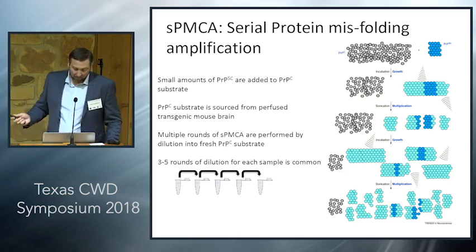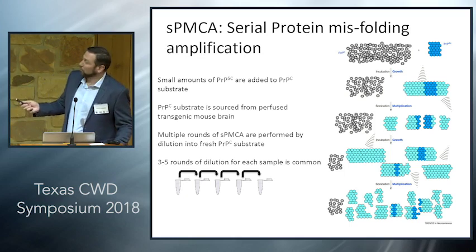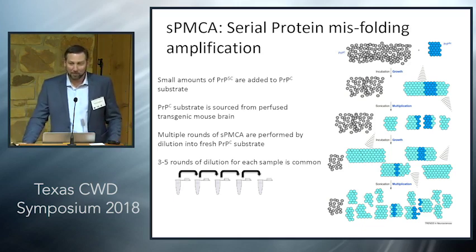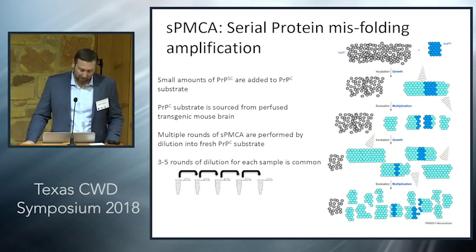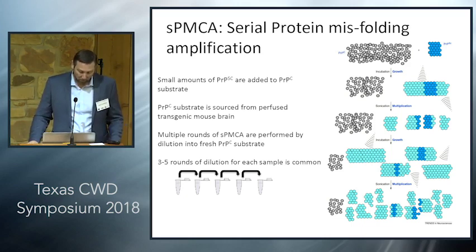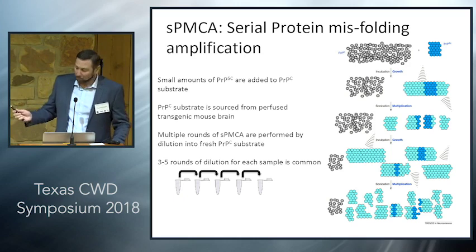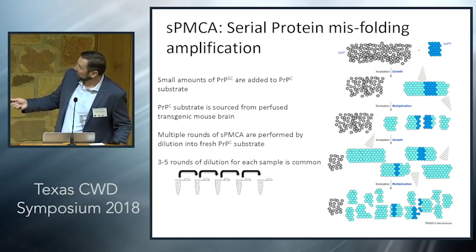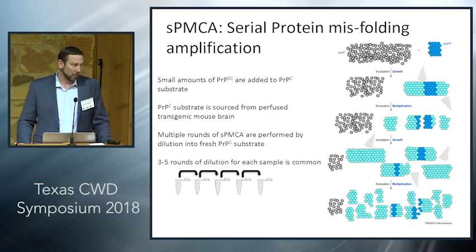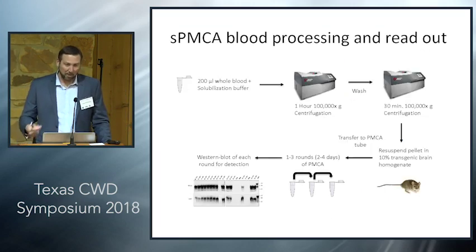There are some caveats, some challenges with PMCA. The substrate is from transgenic mouse brain, which for me as a biochemist is difficult to obtain, but the purification is fairly well characterized. Scaling that type of sample for testing thousands of samples may be more difficult. Multiple rounds of PMCA are required for detection, where the sample is transferred, typically 2 or 3 times, but there have been studies where 7 rounds of PMCA have been used, and that becomes a lot of challenging handwork.